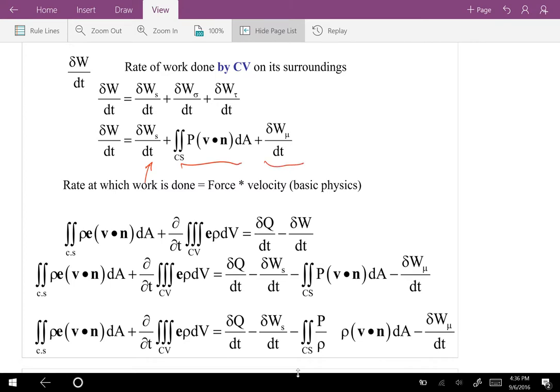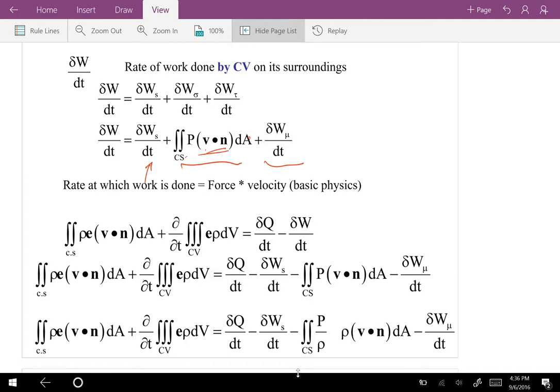Again, how do you determine the flow work? Look at this. It's a very simple expression. Pressure times area is force. Force times velocity is rate of doing work. Basic physics. So that is your flow work.